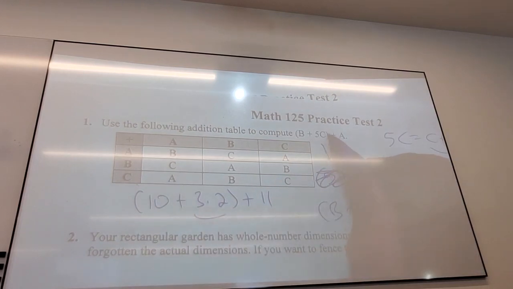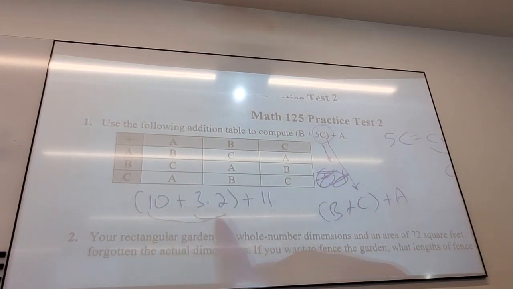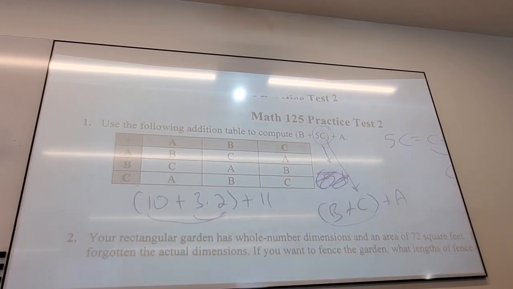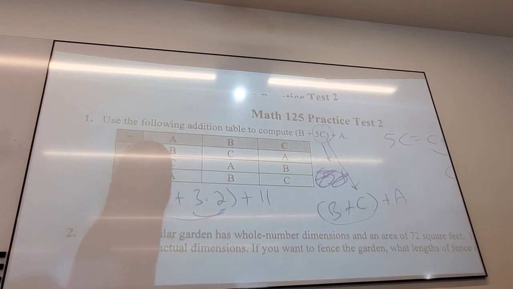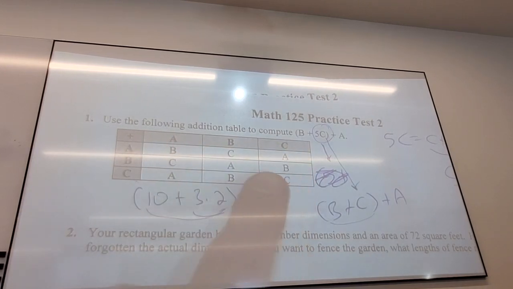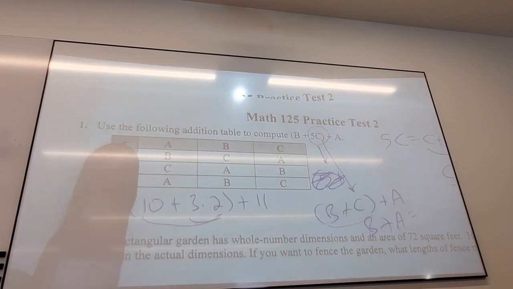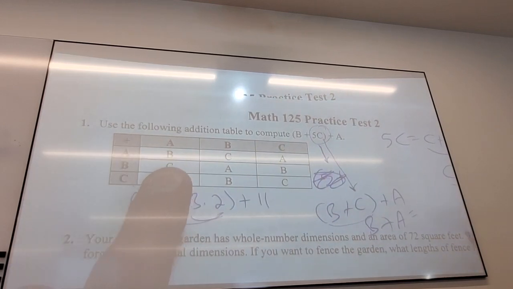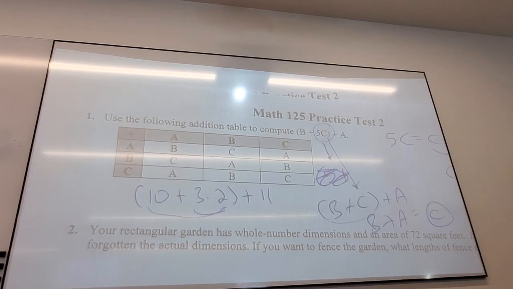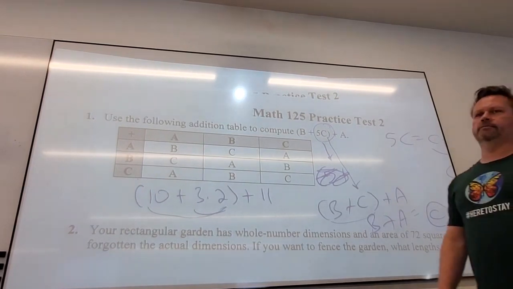What's the very first thing we did? 5 times C. What would you do next? B plus C, because it's in the parentheses. What is B plus C? B plus C is B. And what's B plus A? B plus A is C.